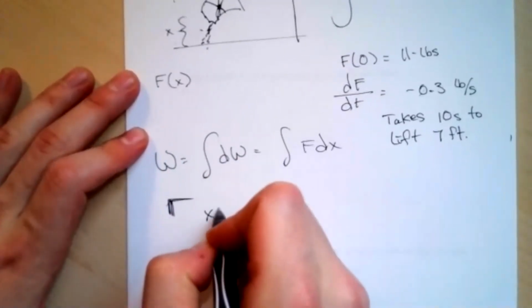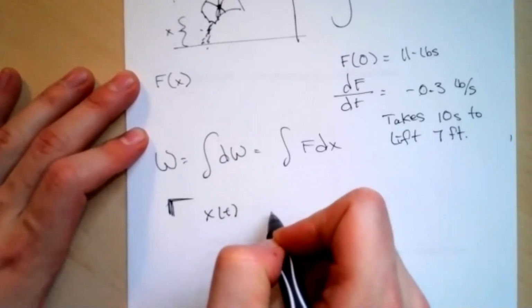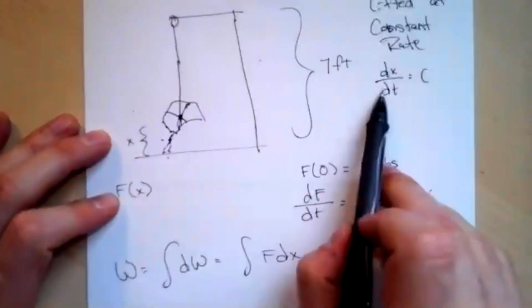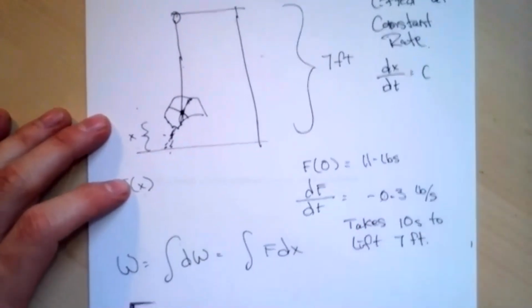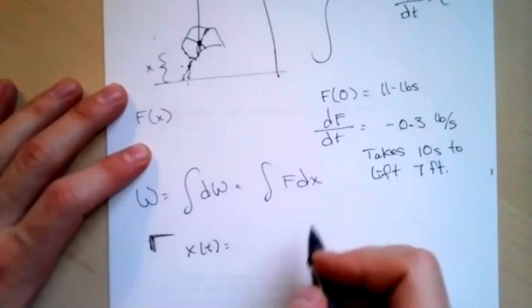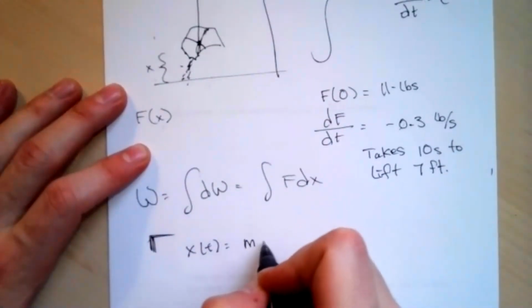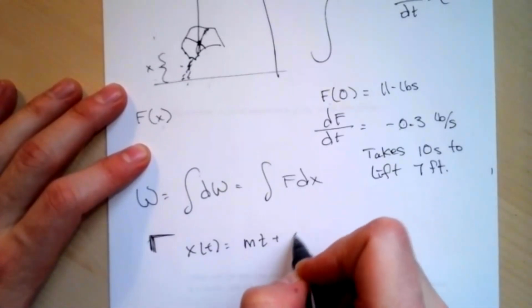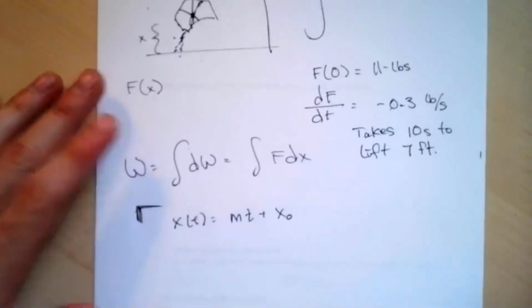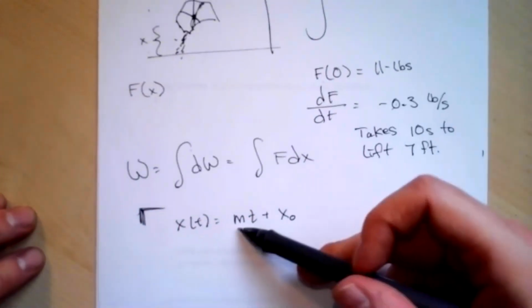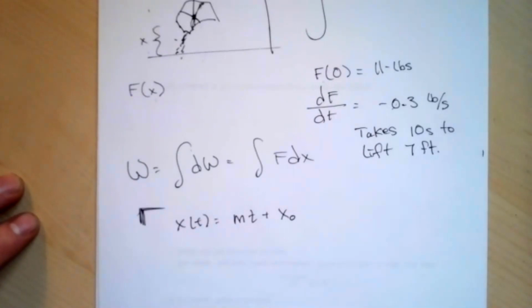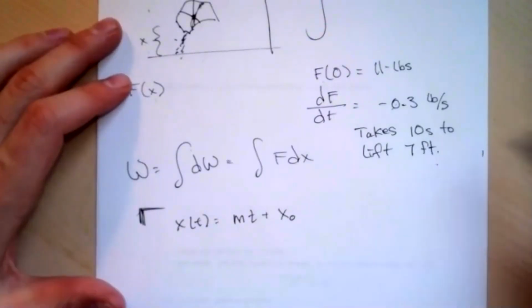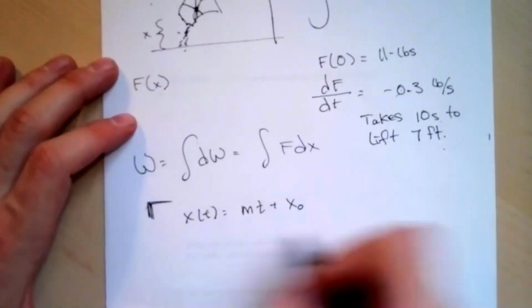So let's come up with x as a function of time. Well, if we know that dx/dt is constant, of course, x needs to be, call it x naught, plus a linear function where m is our slope. And we know it takes 10 seconds to lift 7 feet.